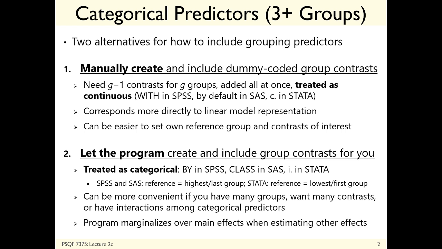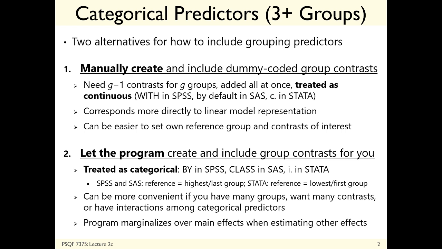Now that being said, if you have more than one categorical predictor, it may be more convenient to let the program do all of this for you. So the other way of putting this into the model is to let the program do the coding by denoting it as a categorical predictor.